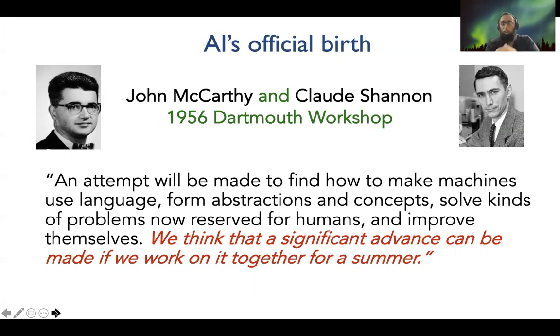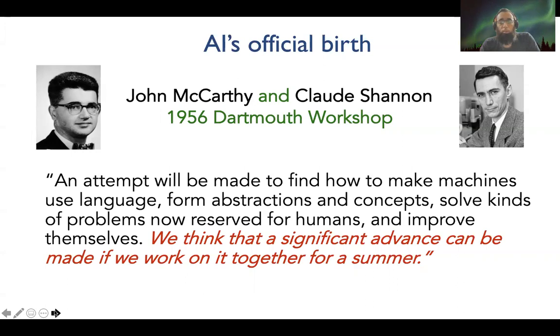So they wanted some funding from the funding agencies, and they described many of the things that we now associate with AI, things such as making use of natural language, having this ability to see many examples and to abstract the general principles and concepts so that you are able to apply those concepts.